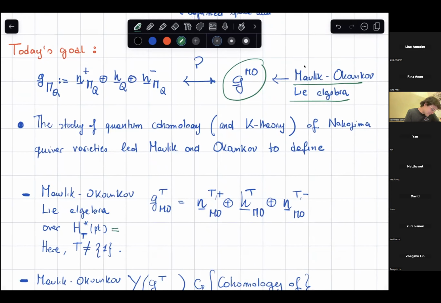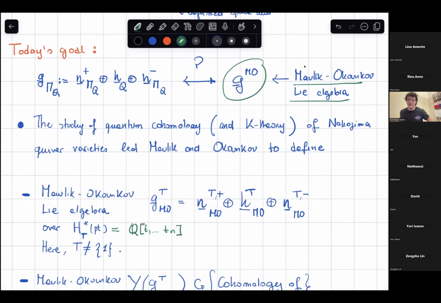And so in particular, this will be an algebra defined a priori over some space of polynomials in some variables. And since the very beginning of this subject, people have been wondering whether it is possible to define this Maulik-Okounkov Lie algebra over the rational numbers and not over this space of polynomials. So actually, maybe here I should say polynomials over the rationals.